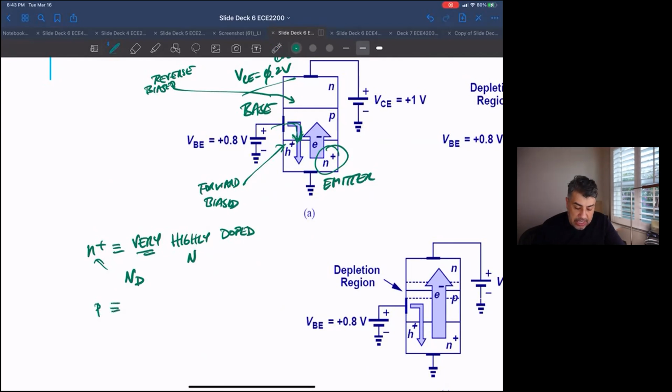The P base is P, so it's not very highly doped. That means the emitter's N sub D is much greater than the base's N sub A. So that's another big design choice.